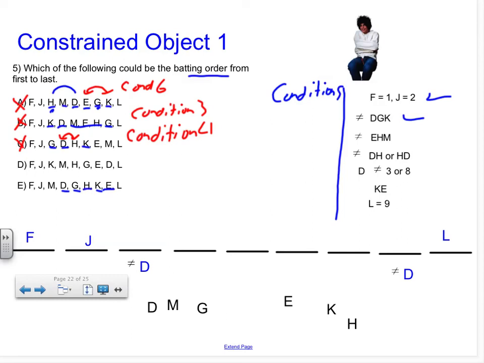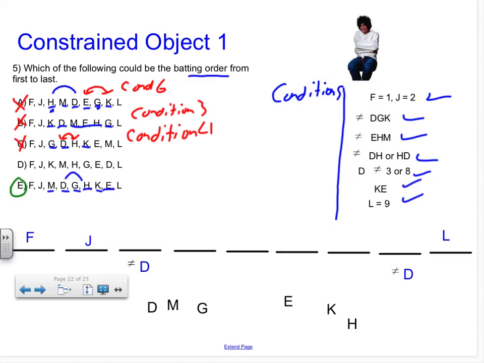E, H, and M are separated. D and H are separated. D is not in the third or eighth position. K comes before E, and L equals 9. It looks like E is the correct answer.